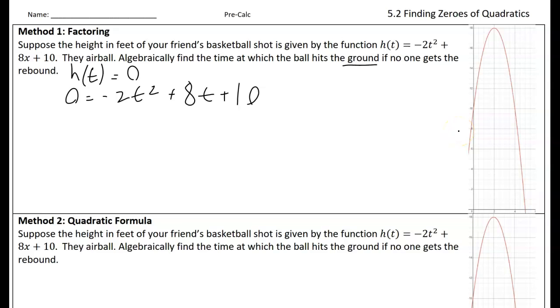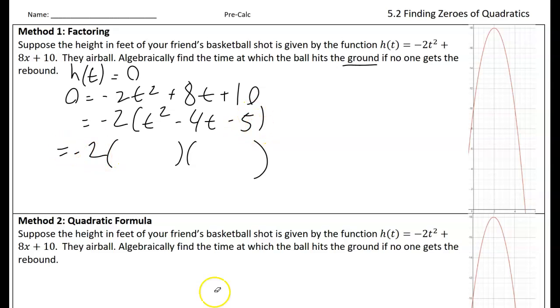And then I want to solve by factoring, which means I'm eventually going to rewrite my function as two binomials. First, though, I'm going to divide out this -2, so I'm dividing each term by -2, because I see that -2 divides all three of these. And that flips my signs, and then I'm going to bring that -2 down.